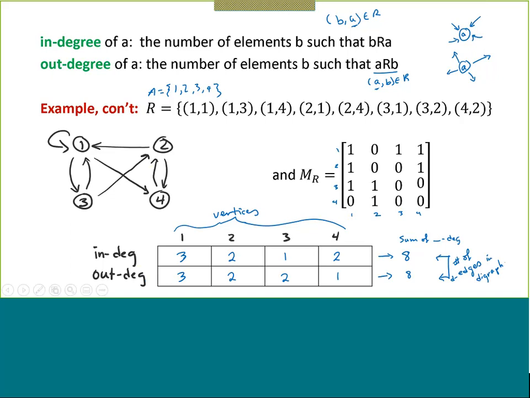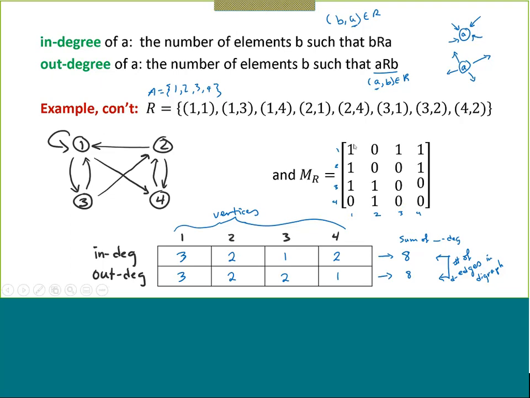You can also grab your in degrees and your out degrees from the matrices as well. If you add up across the rows or you add up across the columns, for example, let's pick on 3 right here. That way it's easy to see which way goes where. If we add up across the third row, we get a sum of 2. That's the out degree. Why? That's because you started at 3 and you left to go somewhere else. If you sum up across the third column, you get a 1, which is the same as the in degree for vertex 3.